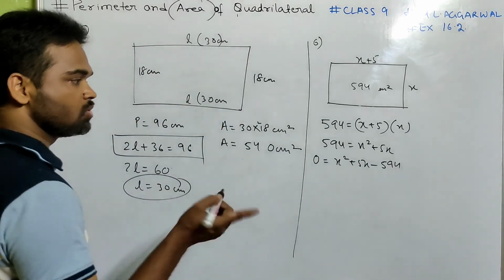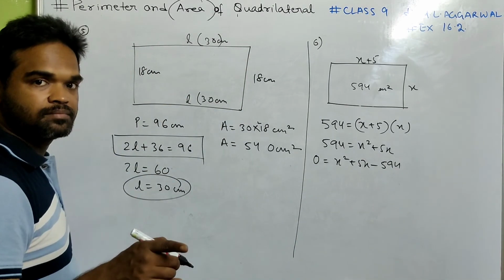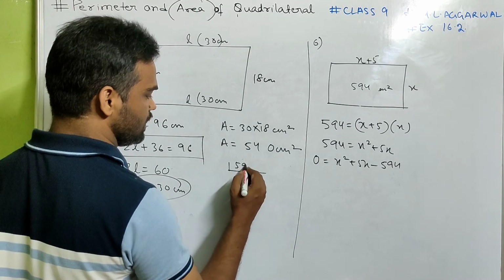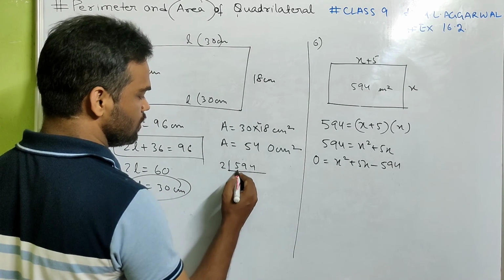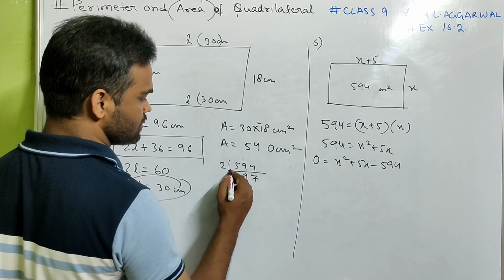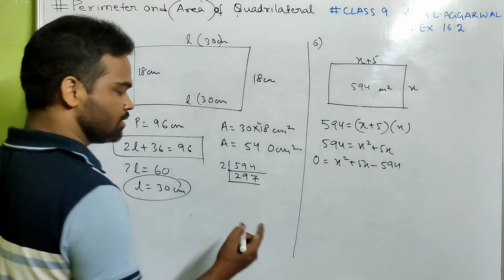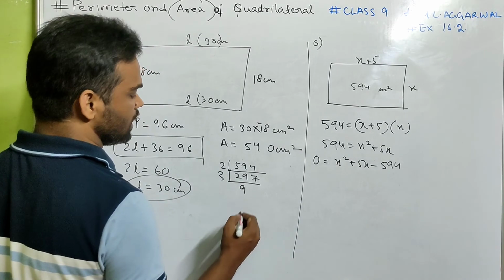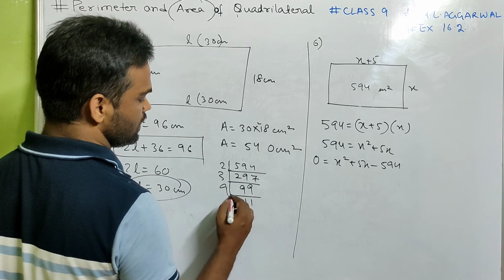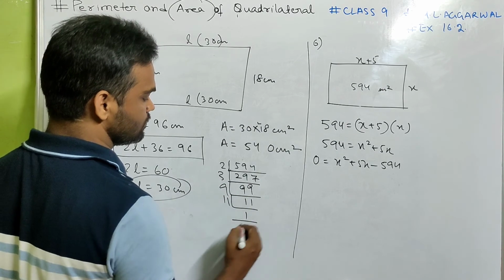Now this we need to simplify by middle term factorization. Factors of 594. Just look over here. 2 times 297, 3 times 99, 3 times 33, 3 times 11.